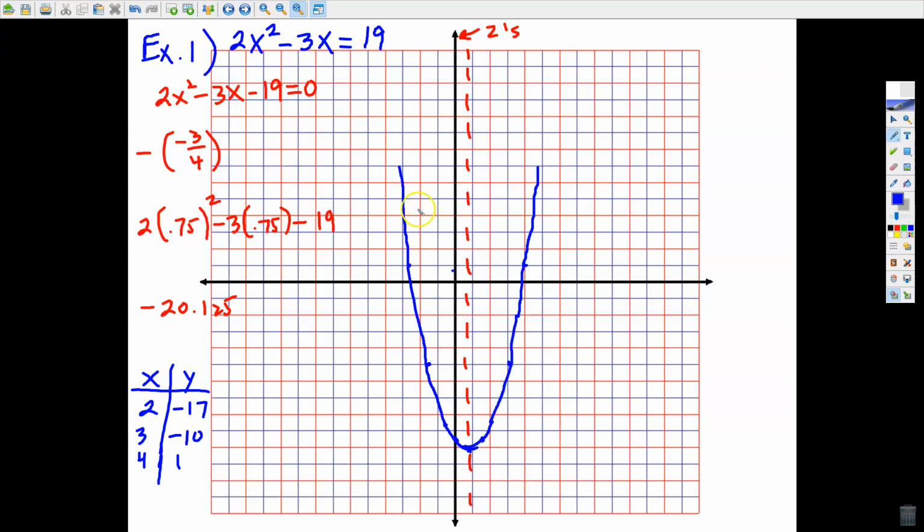Yeah, it's terrible, but... And so our solutions aren't exactly numbers that we can look at the graph and say, oh yeah, that looks like 2, or that looks like -5. They're going to have to be approximate.